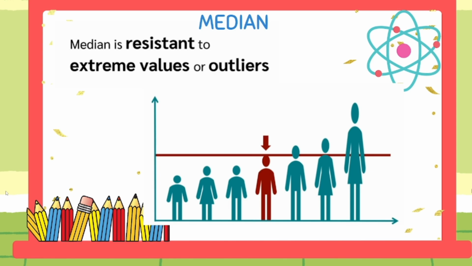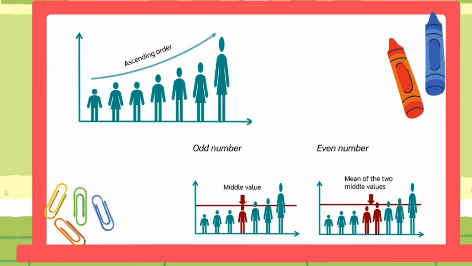The mode refers to the value that appears most frequently in a data set. A set of data may have one mode, more than one mode, or no mode at all. If one value appears more frequently than any other, it has one mode and is called unimodal.